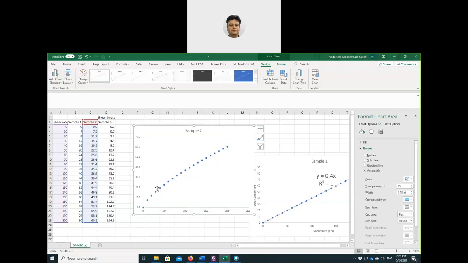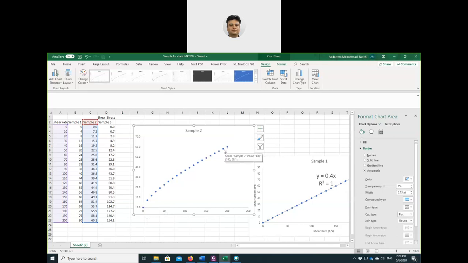You remember, shear thinning, shear thickening, Bingham. Can you guess? Yeah, Farad, it's shear thinning. This pattern is shear thinning, starting from 0 and going up like this.